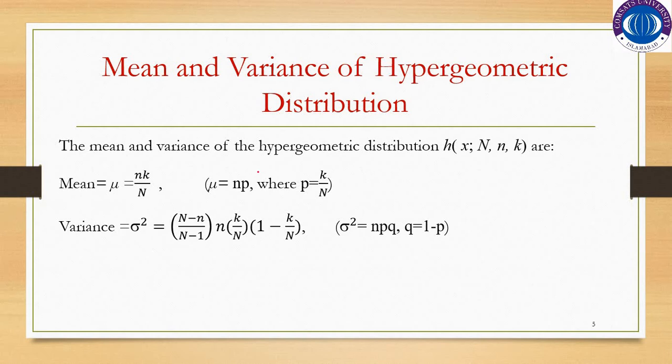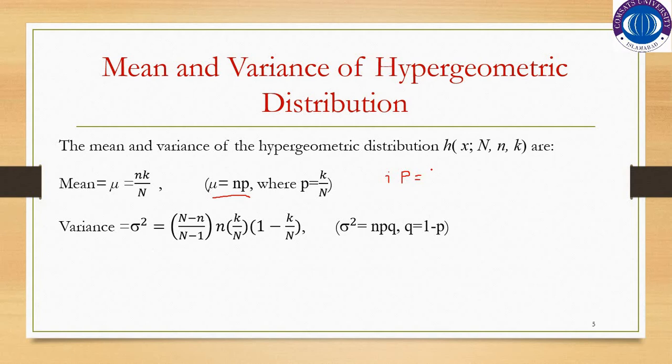So as we know, the mean of the binomial is n into p. Here we substitute K over capital N instead of p, because p is the probability of success, and the definition of probability is the number of favorable outcomes divided by the total number of outcomes.